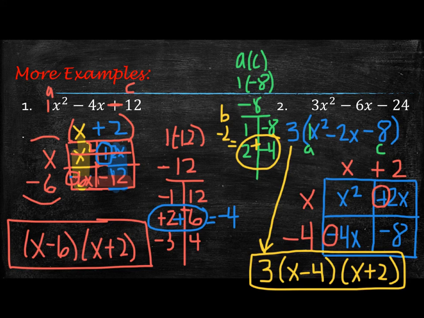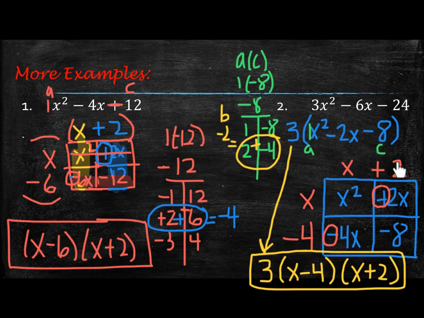One thing I want to point out that people like about the box method is think about in biology when you learn the Punnett square. If you look at this outside, so here we have x, and then we have an x over here. When I do x times x, that should give you this term right here, x squared. Okay?